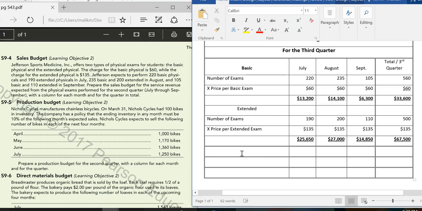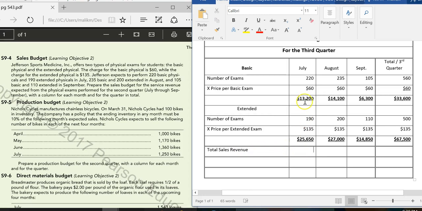It will be our total sales revenue. You can also call it service revenue since they are providing the service. It doesn't matter as long as you mention the term revenue, which means it's talking about their revenue through their service.